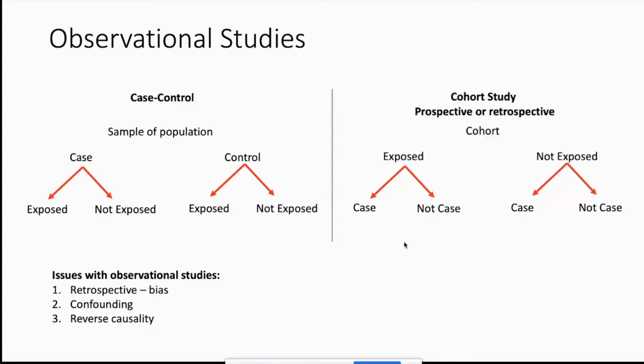And this could be due to many different reasons, and we can't control for that because we're not making an intervention. For example, if I was looking at the association between a drug like a statin and risk of pneumonia from an observational study, this would be a cohort study where the exposure would be whether the patient was exposed to a statin.